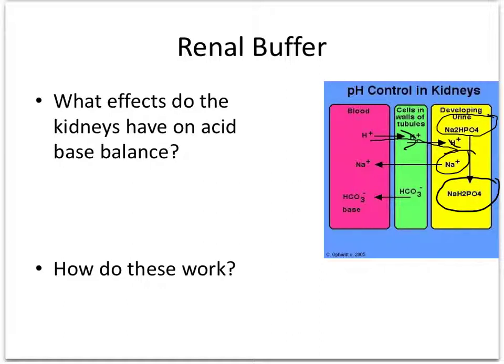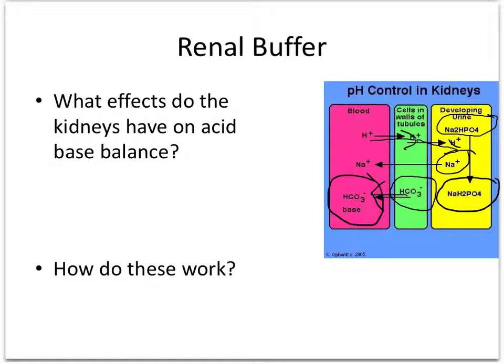Now the other important piece of what the kidneys can do is that the kidneys actually help produce bicarbonate. Inside the walls of the kidneys, the cells can produce bicarbonate and release it back out into the blood. This is important because you get this increase in bicarbonate, and this is going to allow your buffering capacity to go up. So there are really two effects that the kidneys have on buffering.